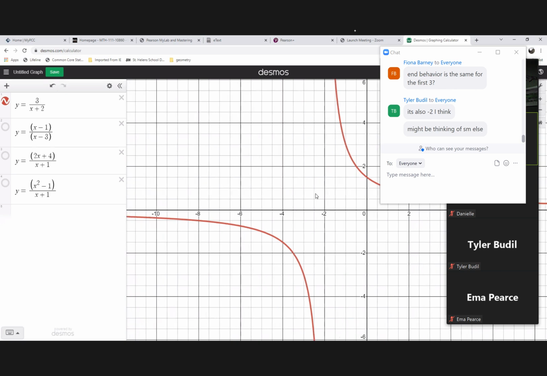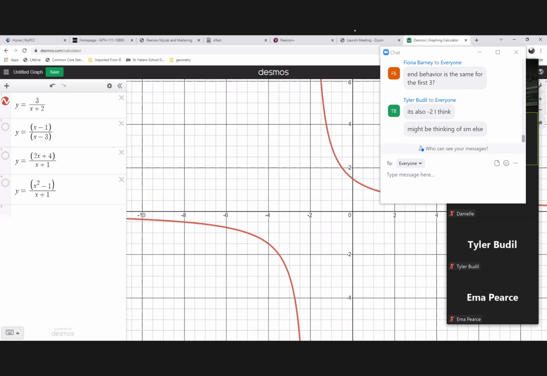All right, so in this case, this line has another bending action where it's getting very, very close to the x-axis, but doesn't ever get there. So we call this a horizontal asymptote.